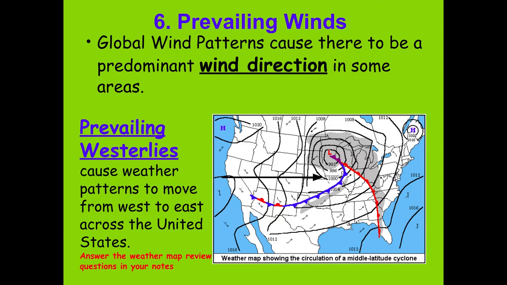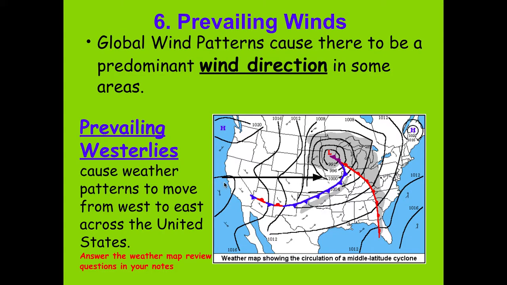All right, all I really need you to know about prevailing winds is that that's the predominant wind direction, and that pushes weather patterns towards certain places. So if you look at long-term weather forecasts for the United States, if you watch the news and they start to look at a system, usually those systems start out here in the western United States and then they get pushed towards the east.